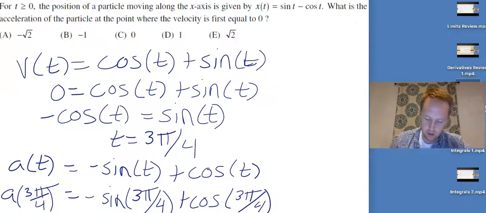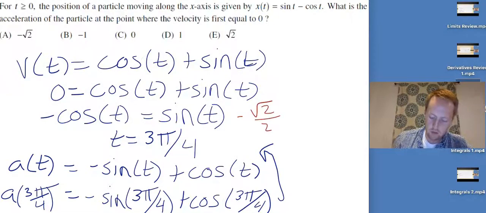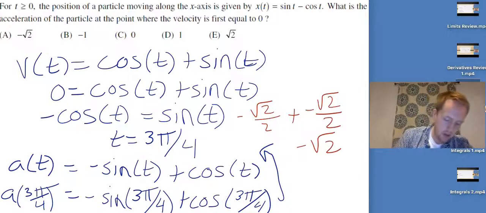Well, I'm going to finish that right up here just because I ran out of room. I'll change color so you can see the difference. Negative sine of 3 pi fourths is negative root 2 over 2. And then cosine of 3 pi fourths is also negative root 2 over 2. So that's just negative root 2. So A.